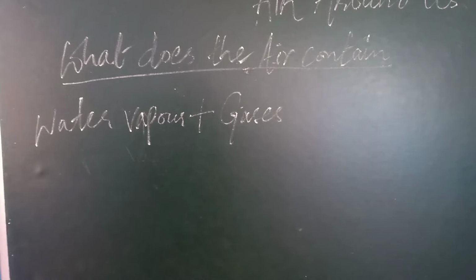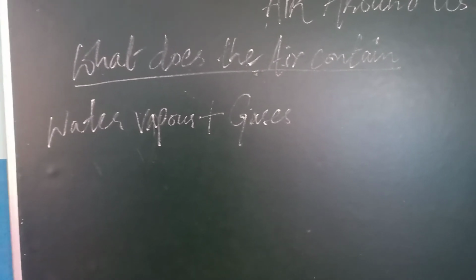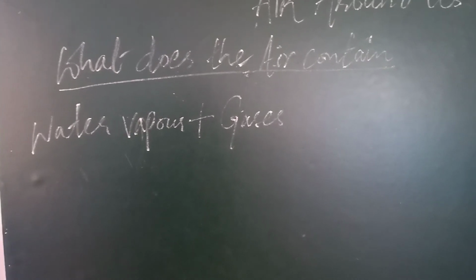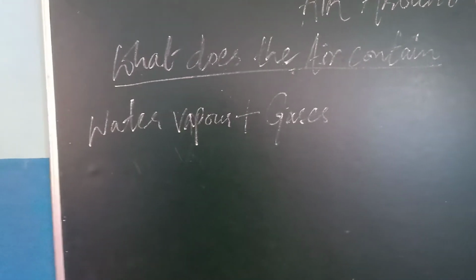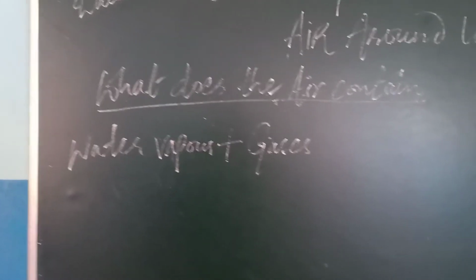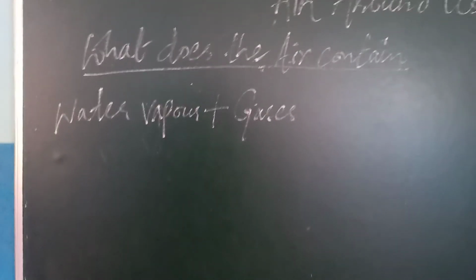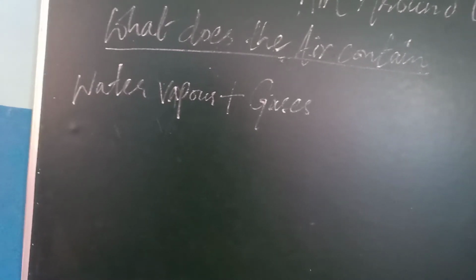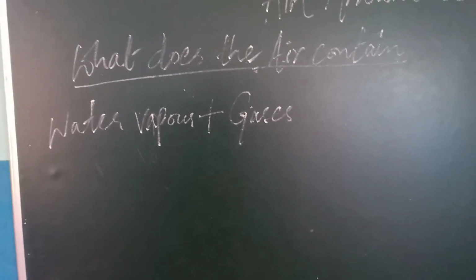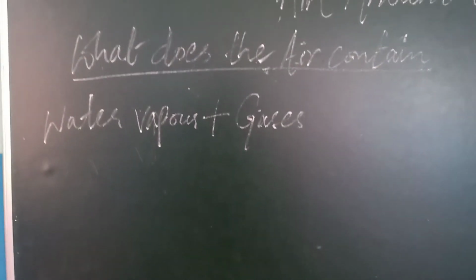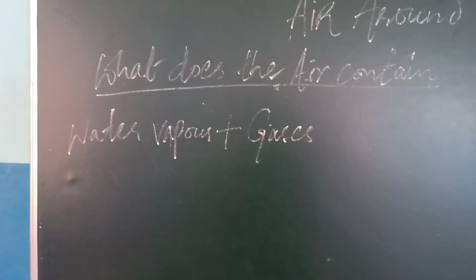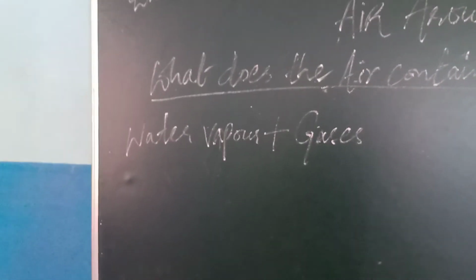Air also contains dust and smoke. Smoke is given off when something burns, and it also comes out of vehicles and factories, and smoke mixes with the air around us. So there is also the presence of dust and smoke. If you have noticed, some factories generate a huge amount of dust and smoke.